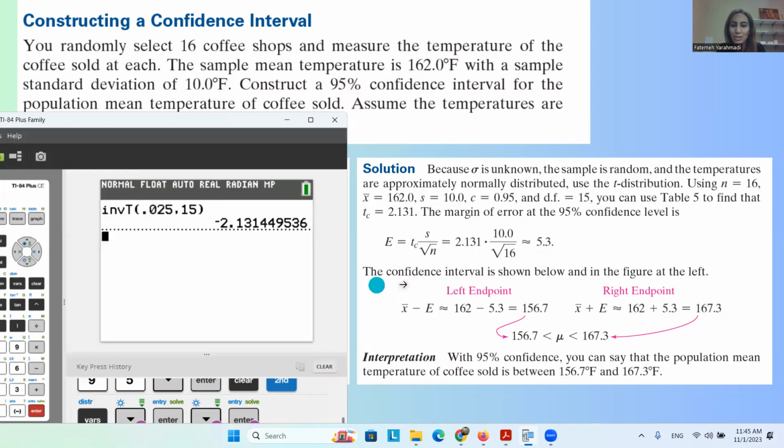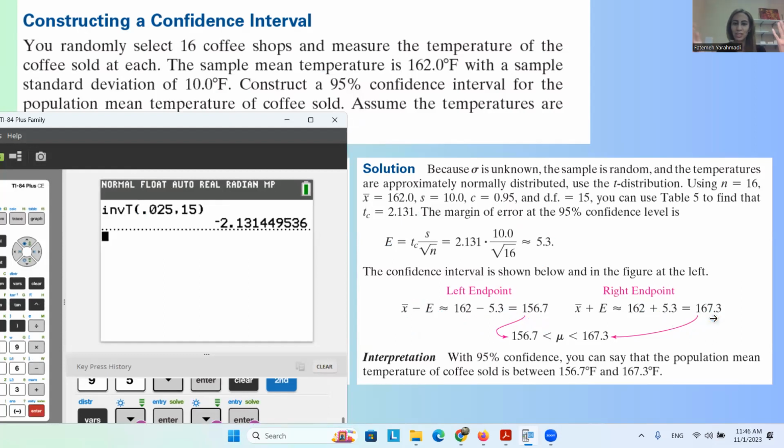Now we are moving on to calculate the confidence interval lower bound and upper bound. The left endpoint is x bar minus e, which is approximately 162 degrees minus 5.3 degrees, which is 156.7 degrees. And right endpoint is x bar plus e, 162 degrees plus 5.3 degrees, or 167.3 degrees.